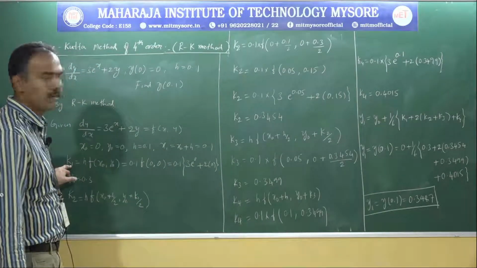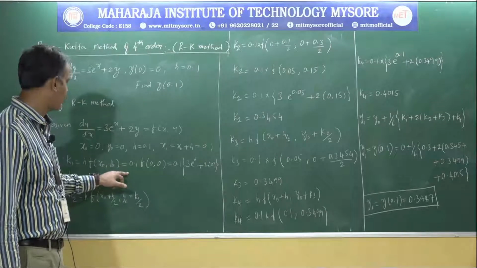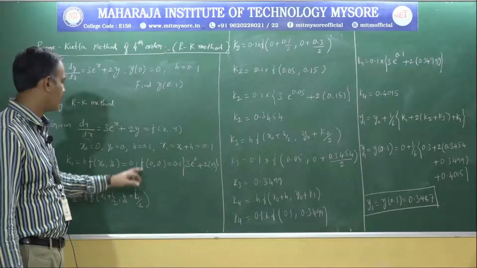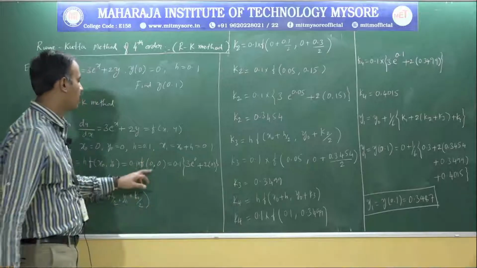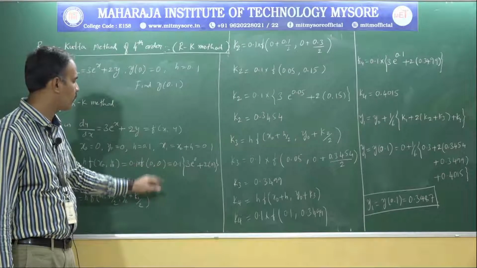Now k1 is h into f of x naught comma y naught, h value 0.1. Now we can consider the x naught value 0, y naught value 0, f of 0 comma 0.